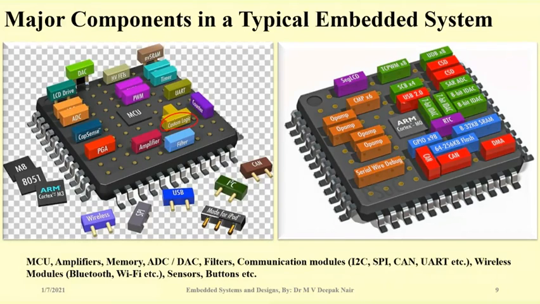You can have counters, timers, UART for communication, PWM systems, which are pulse width modulation systems, digital to analog converters, special systems to drive LCD, and analog to digital converters. That means you can have so many different blocks of electronic systems which are embedded into one system.